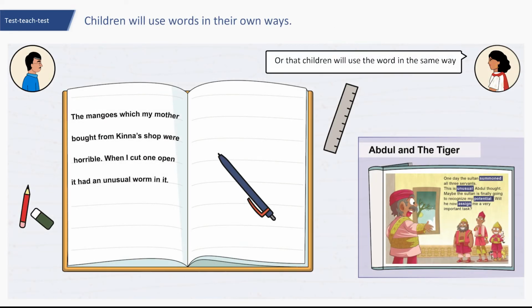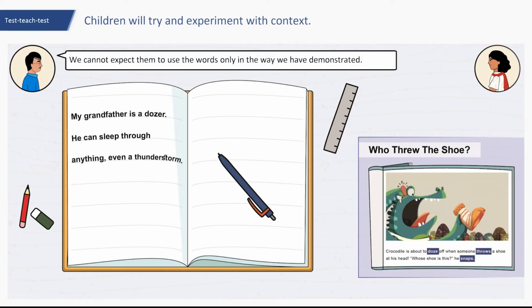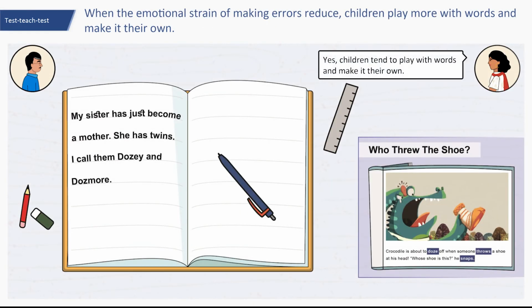Or that children will use the word in the same way. We cannot expect them to use the words only in the way we have demonstrated. Yes, children tend to play with words and make it their own.